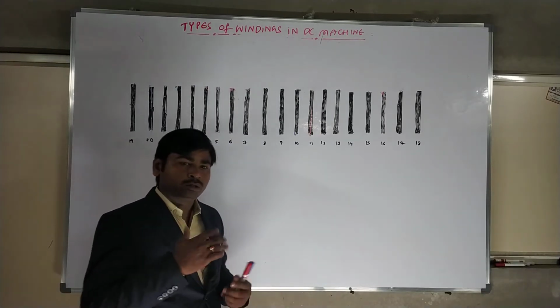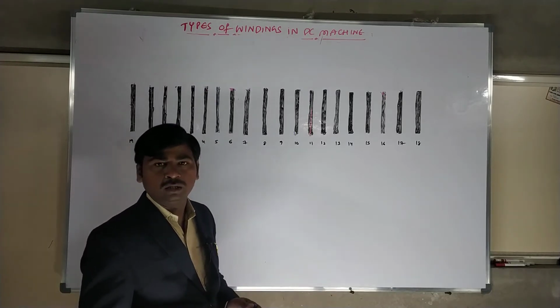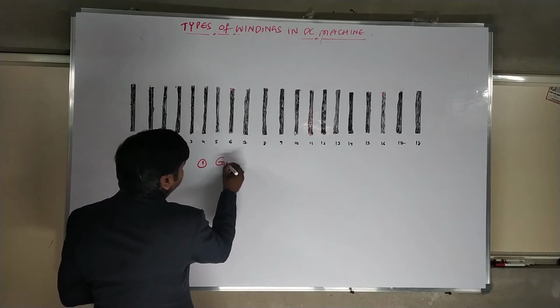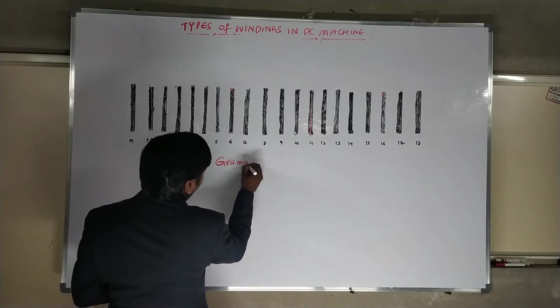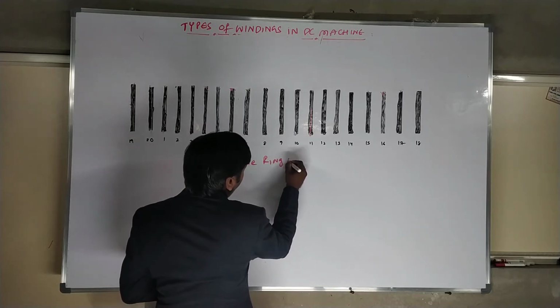Generally, in DC machines, the winding is classified into only two types. The first one is called Gramme ring winding.